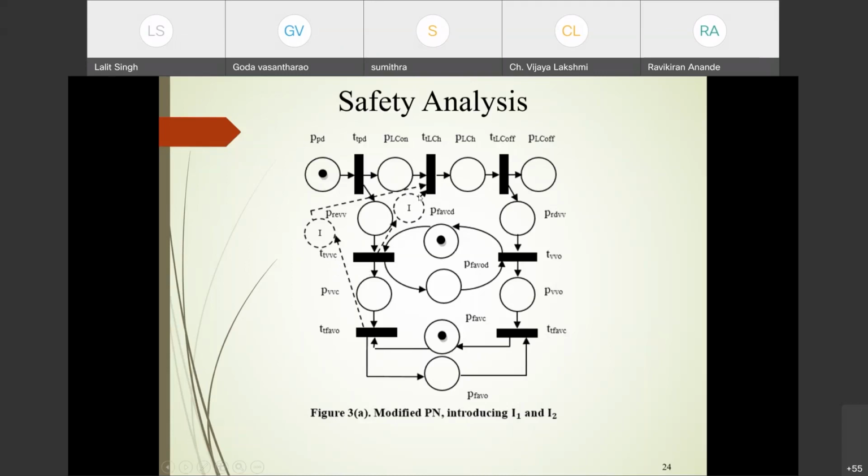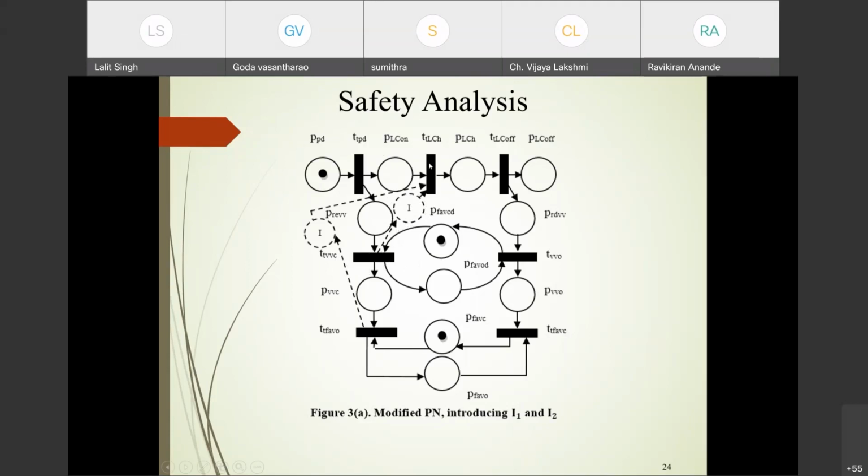So the token can be deposited into this additional place only when the high priority transition is fired, and hence I can serve my purpose.